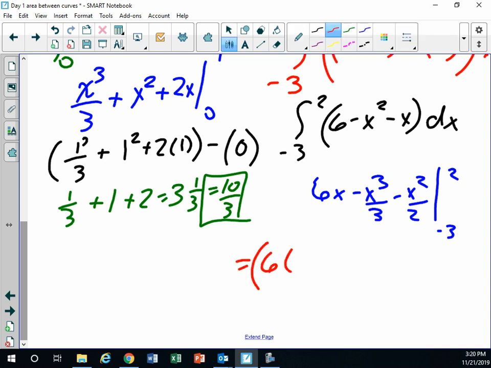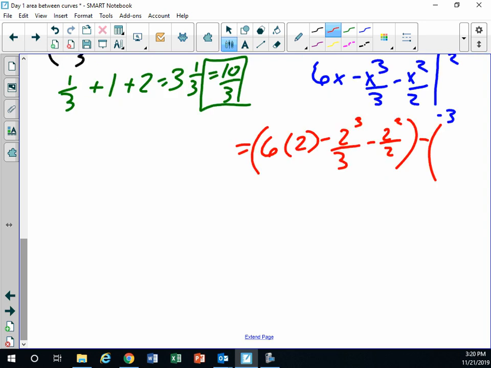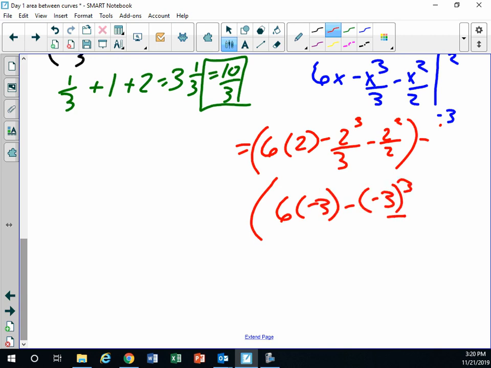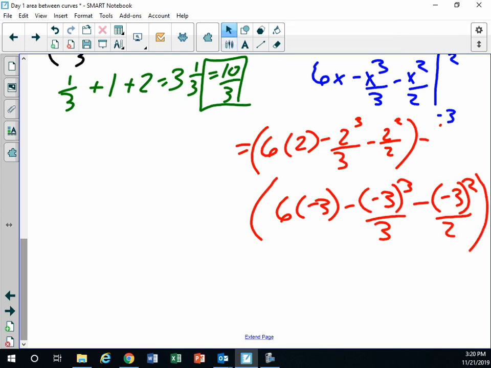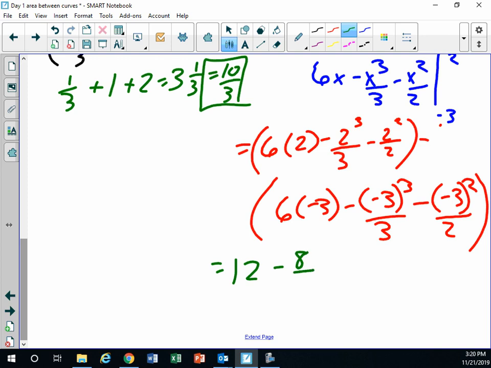Which is going to give you 6 times 2 minus 2 cubed over 3 minus 2 squared over 2, minus 6 times negative 3 minus negative 3 cubed over 3 minus negative 3 squared over 2. 6 times 2 is 12, 2 cubed over 3 is 8 thirds, 2 squared over 2 is 2, negative 18, negative 3 cubed is negative 27, divided by 3 is negative 9, but that makes sense, and that's negative 9 halves.